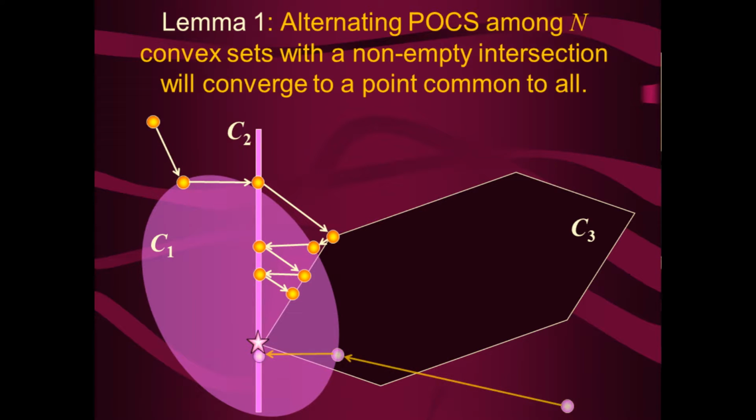So you can see here that we started at a different value at the pink circle in the lower right-hand corner, and we projected onto C1, then C2, and you can see that we got home to that fixed point, that final limit point, very quickly. And it doesn't matter where I start on this plane if I alternately project between these three sets that only have a single point of intersection, that I am going to converge to that single point which is common to all of them.